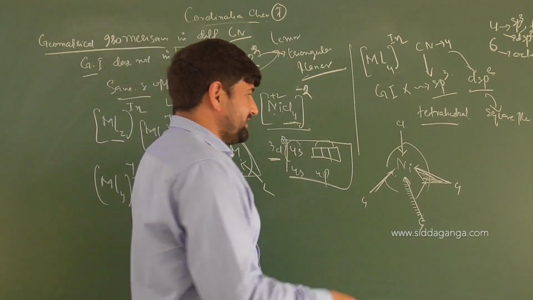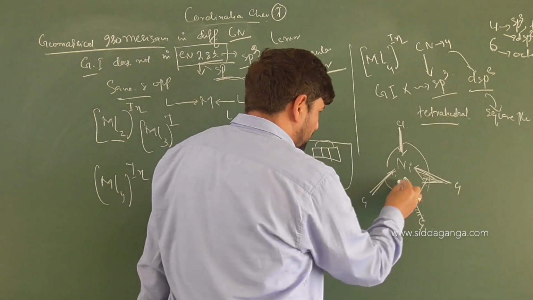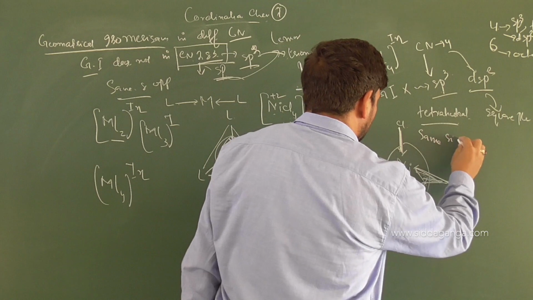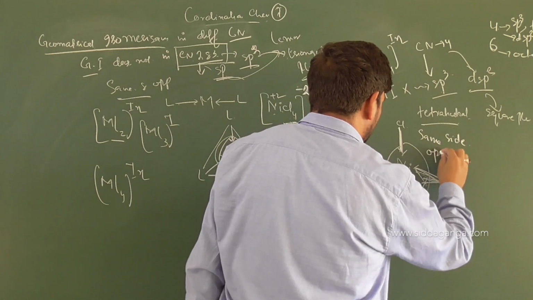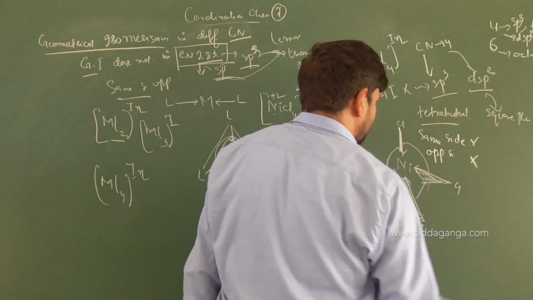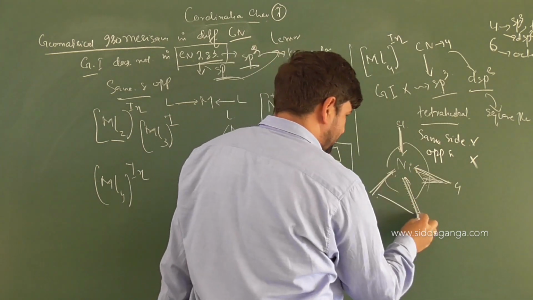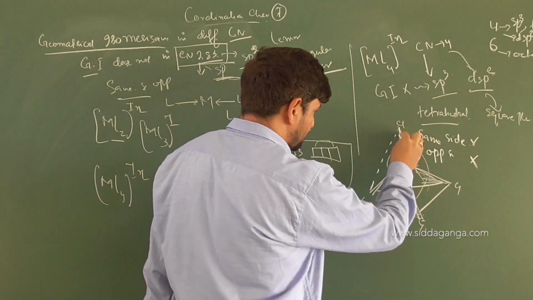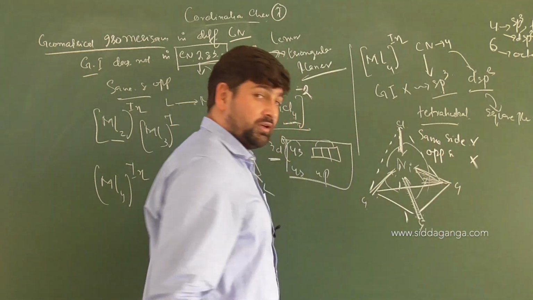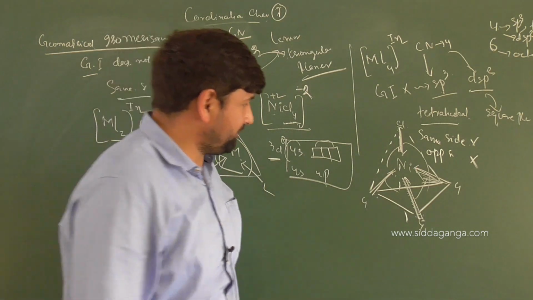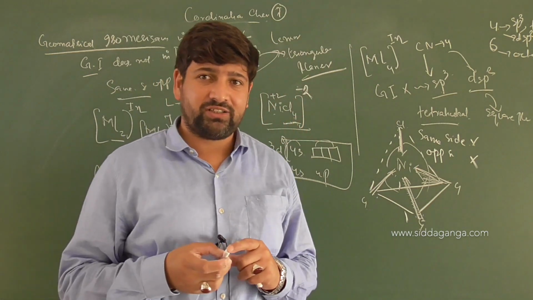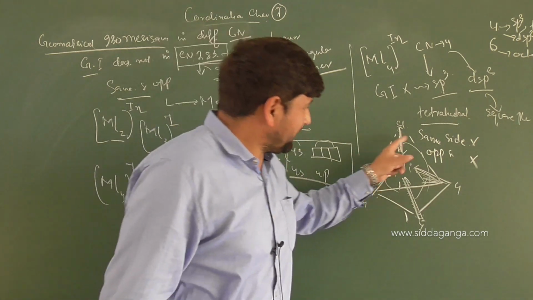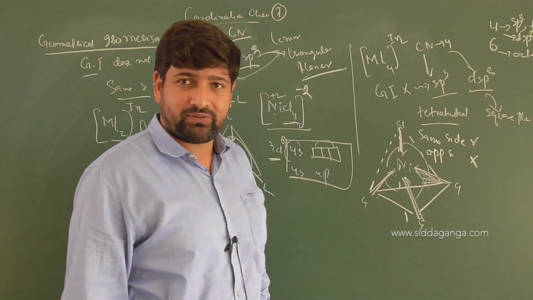So when hybridization is sp3, there is no question of being on the same side or opposite side, because in tetrahedral geometry there are bonds which are adjacent. There is no bond which is on the same or opposite side. Besides that, it contains all the atoms of the same type.